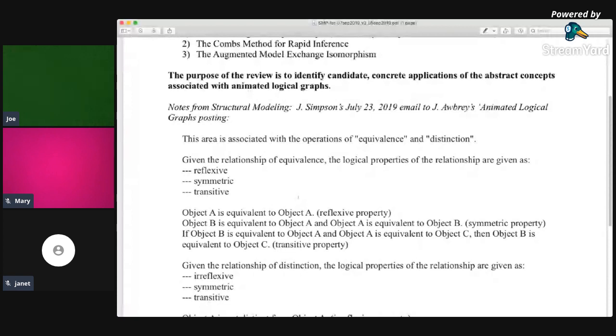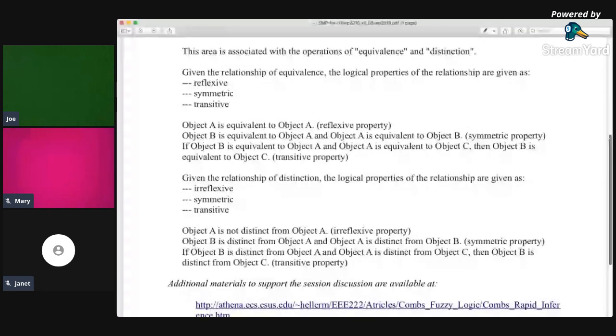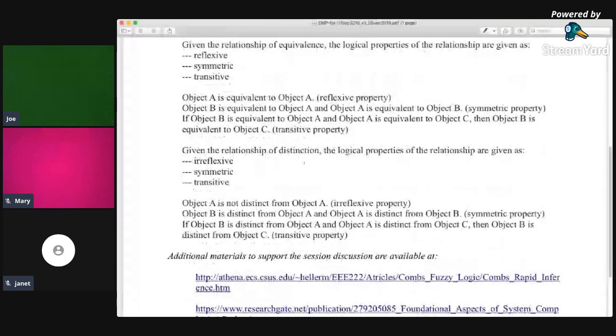And this gives us a direct connection to the AMEI and to Warfield's logical operators. And then given the relationship of distinction, the logical properties are irreflexive, symmetric, and transitive.